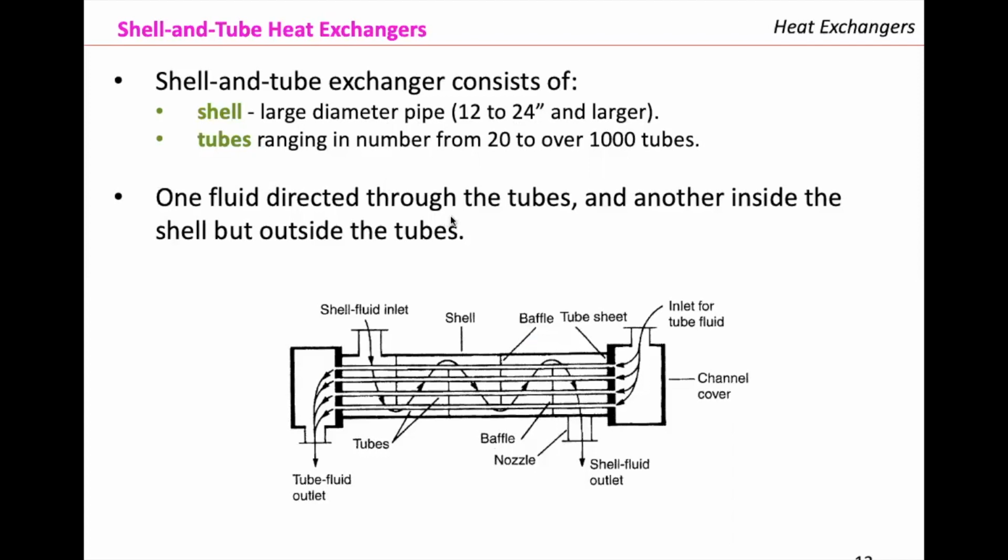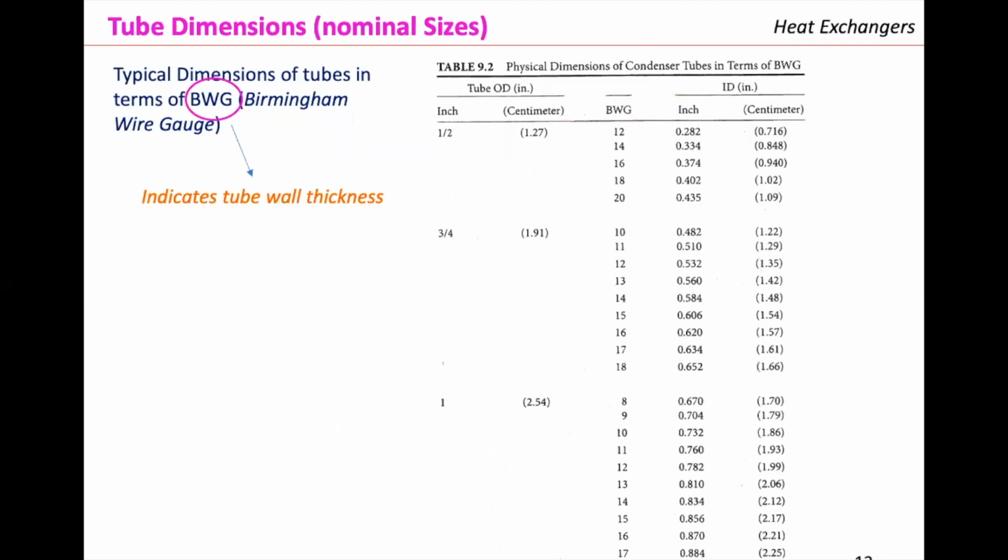One fluid is directed through the tubes and the other inside the shell, but outside the tubes, like you can see in here, right? And here again, you have all the parts: the shell, the tubes, the baffle, the inlet, the outlet, etc. We have tube dimensions of nominal sizes for our heat exchangers, okay?